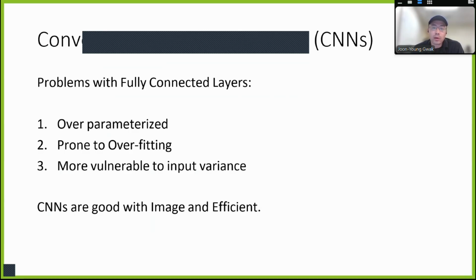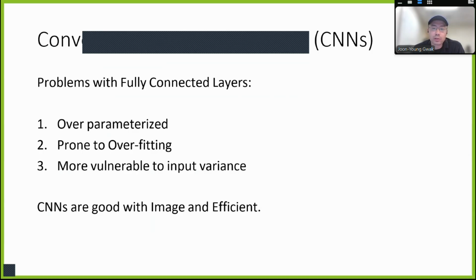And also, when you process image data with the fully connected layer, you are not considering the spatial structure. If we have image data of, say, height 4 by 4 pixels, then we are squashing it into a one-dimensional vector, and then we are learning from it.